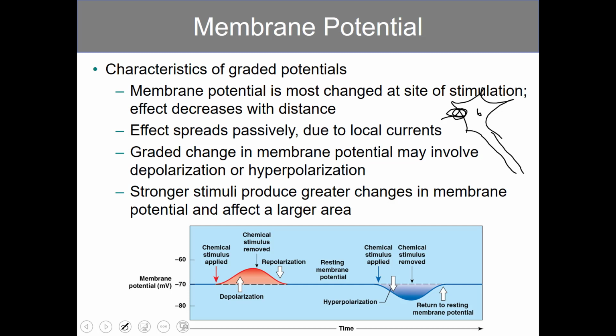But the effect can spread passively due to local currents. It can spread to adjacent segments or areas of that cell membrane. A graded change in membrane potential involves either depolarization or hyperpolarization, and the stronger the stimulus, the greater the change in that membrane potential, so it affects a larger area.